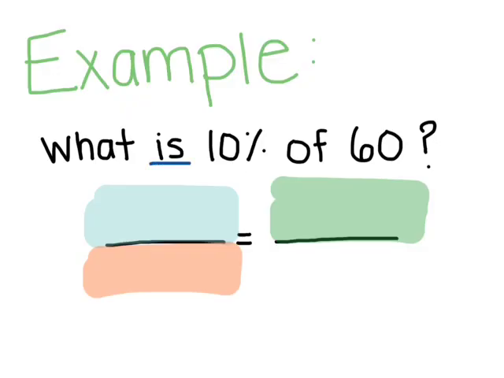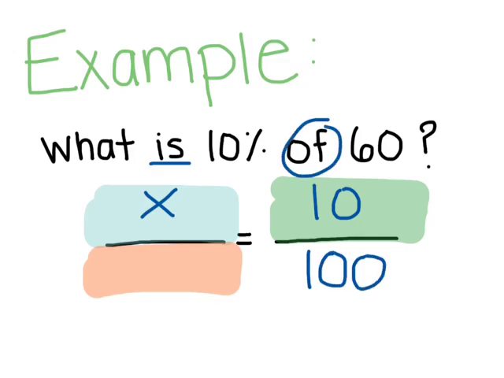And we're looking for the is because we're saying what is. So my variable is. Then we have 10%. Well, percent is always a number out of 100. So percent goes on this side over 100. And then we have of 60. So my 60 goes on the bottom. So now I've set it up right.